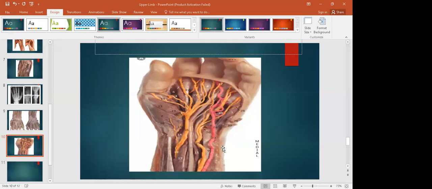The sensory supply is the lateral 2/3 of the palmar surface, the 3.5 fingers of the hand, and also the dorsum of the thumb, index, and middle finger, except the tip of the fingers.